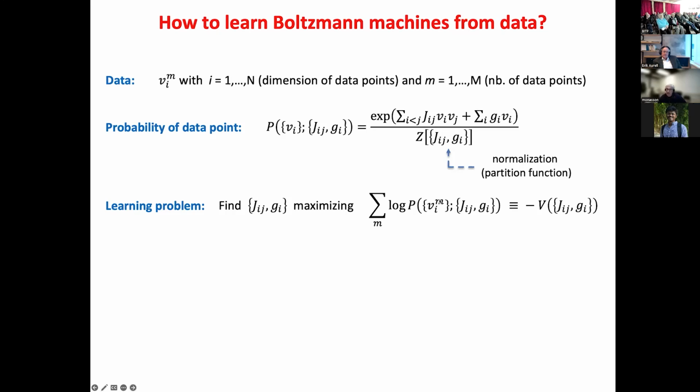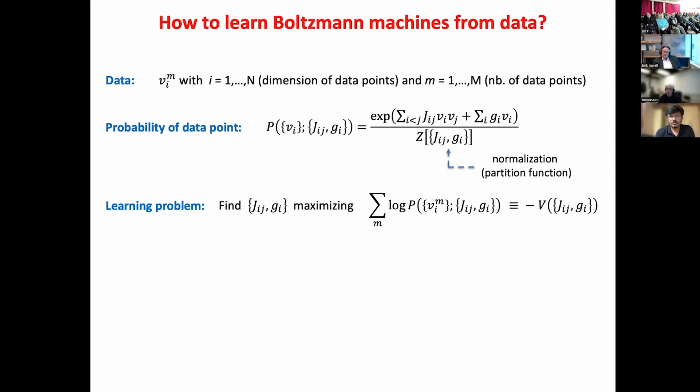Okay, and the data are here, but of course, this thing here is just one big function of the different unknown parameters, the Jij and the Gi, and that I will call minus an effective energy. So it's an effective energy. We have to be careful: not in the spin space as we are used to in statistical physics. It's an effective energy in the parameter space, in the model parameter space, right? So it's a very high dimensional space. And we would like to minimize this effective energy V.